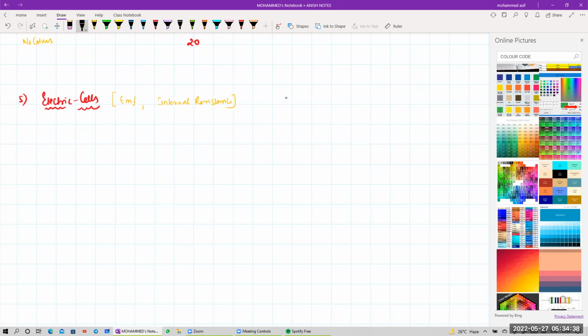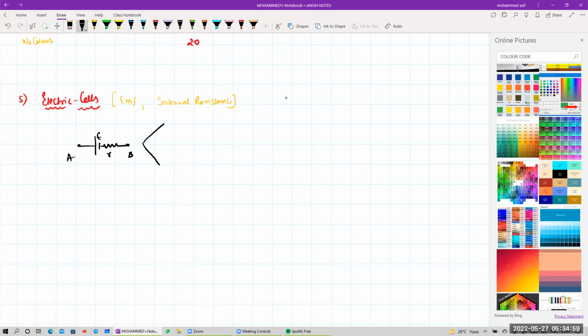So this is a basic symbol of your cell. EMF is E. Internal resistance is R. Okay, madam. This is a terminal A, and this is your terminal B.